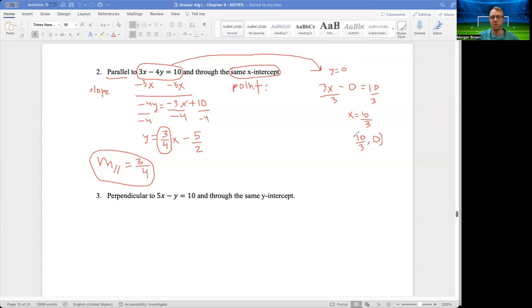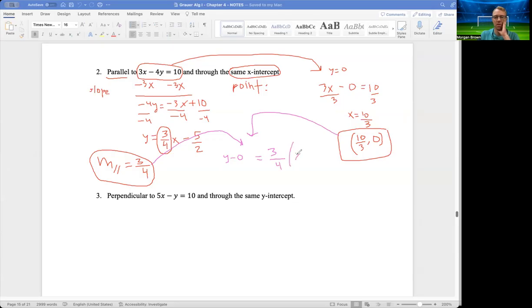And that's important because when I'm writing an equation in point slope form, I have to have a point and I have to have a slope. So now we're going to take these two things and bring them together to write the answer. So it's going to be y minus 0 equals 3/4. That's the slope.